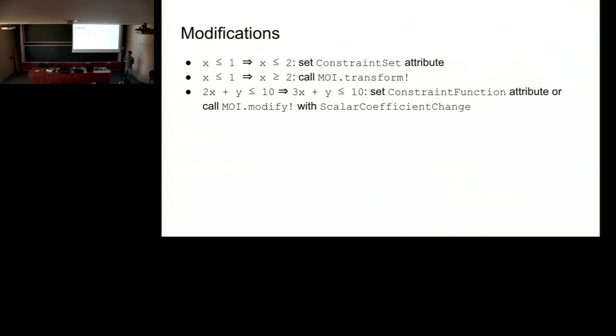Or, if this is a variable bound, just delete it, because variable bounds are efficient anyway. Don't worry about deleting a variable bound and adding a new variable bound; that's perfectly fine. So with modifications, you can always step around this by deleting the old constraint and adding a new constraint. And if it's a variable bound, just do that, it's fine.